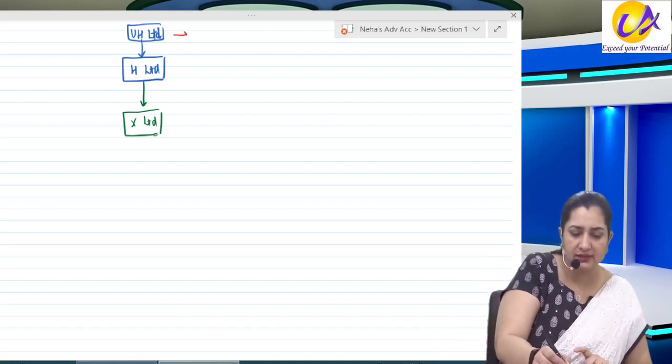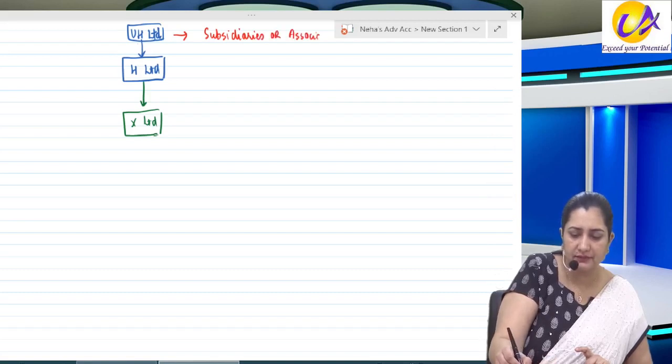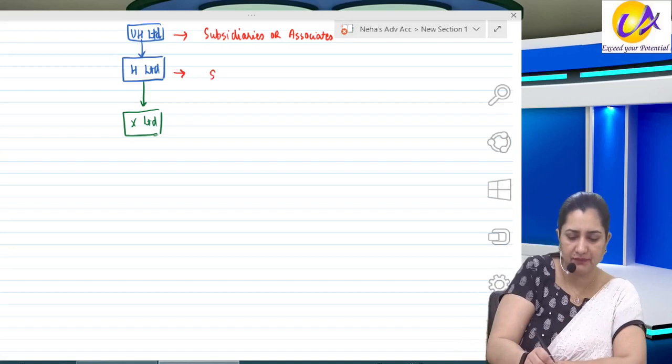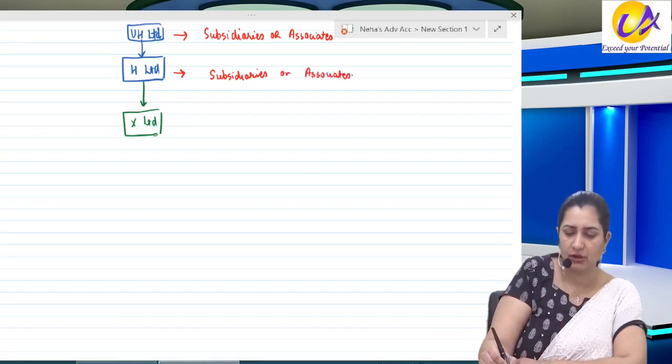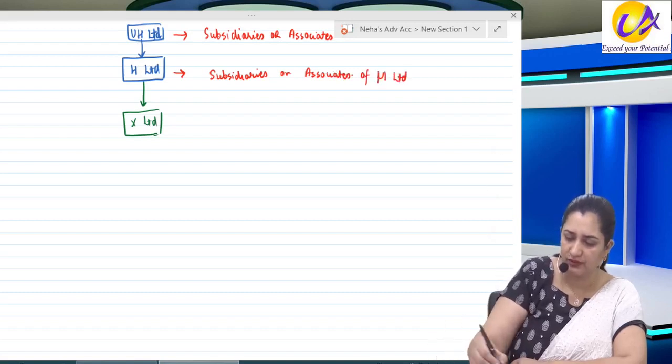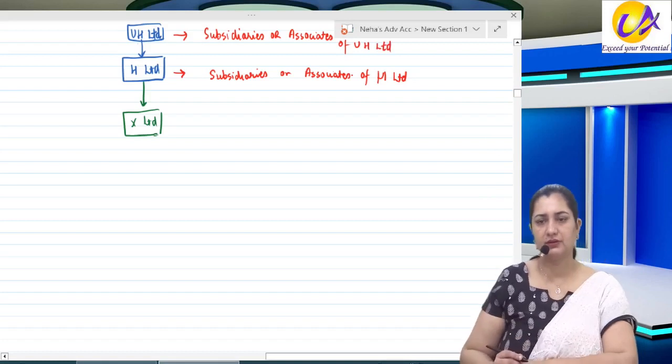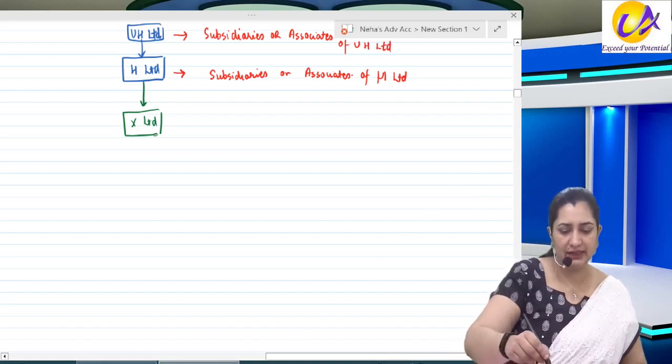UH Limited might have some other subsidiaries or associates, of H Limited or of the ultimate holding company. So this is what we have to give in the notes.